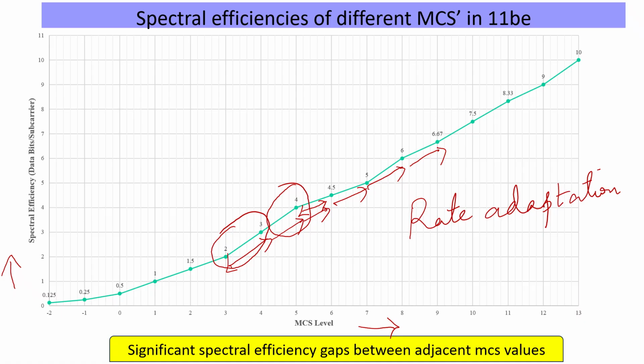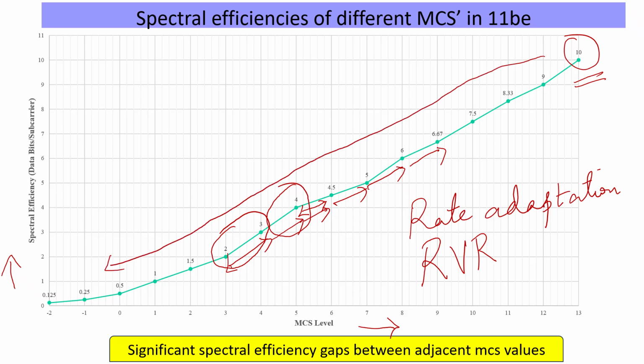Deep within many companies, we not only measure the peak numbers, but also what we call rate versus range, because many real life use cases operating at the peak might not be the usual mode, but we are mostly in between and we see how we gracefully degrade as we go from the peak numbers downstairs. Okay. So there are some large gaps in the spectral efficiency. So we'll keep that in mind.